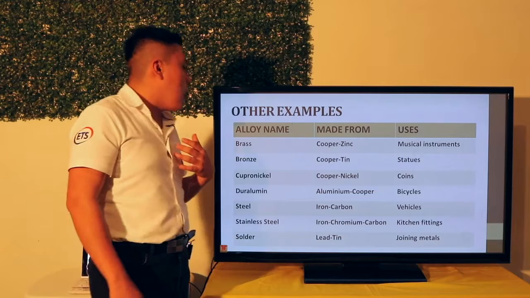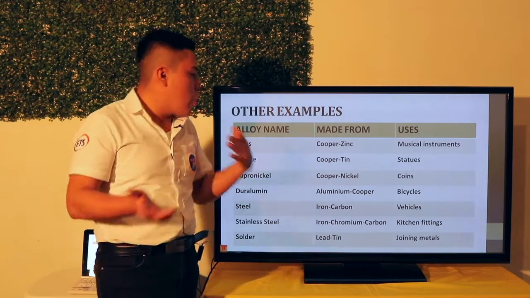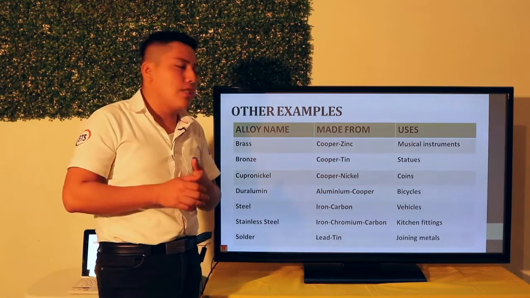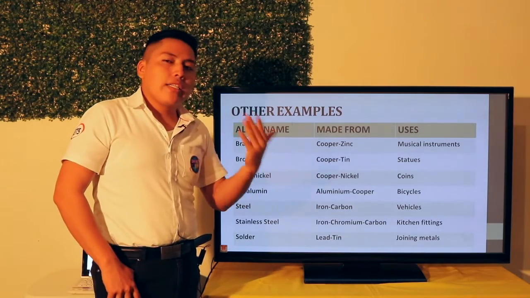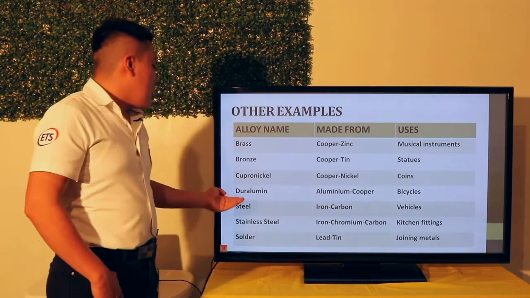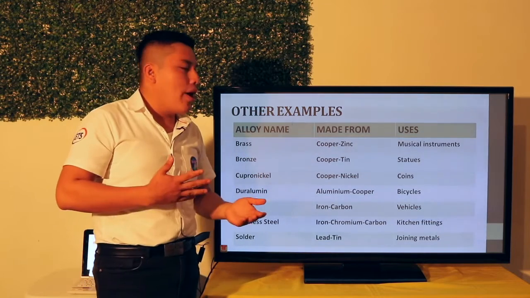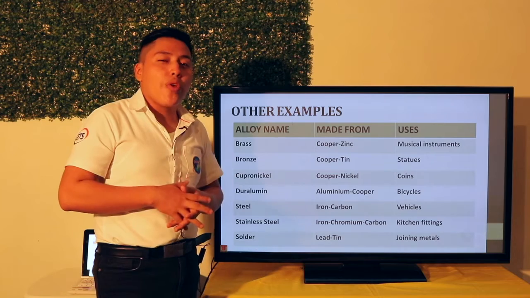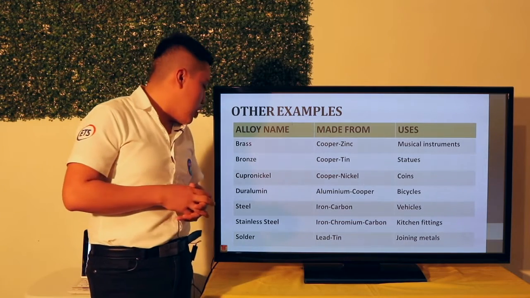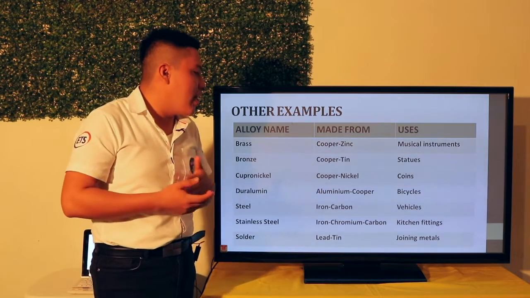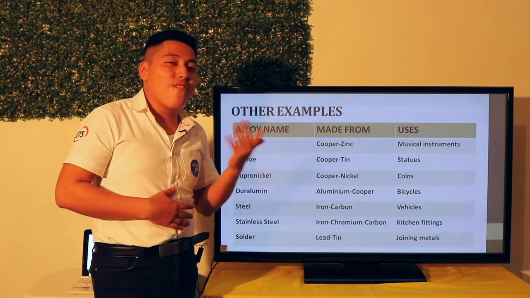Copper nickel is made from copper and nickel and is used to make coins. Duralumin is made from aluminum and copper and is used to make bicycles. And steel, from iron and carbon, is used to create vehicles.